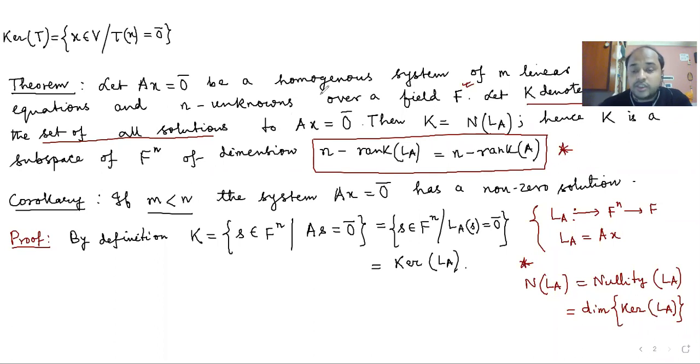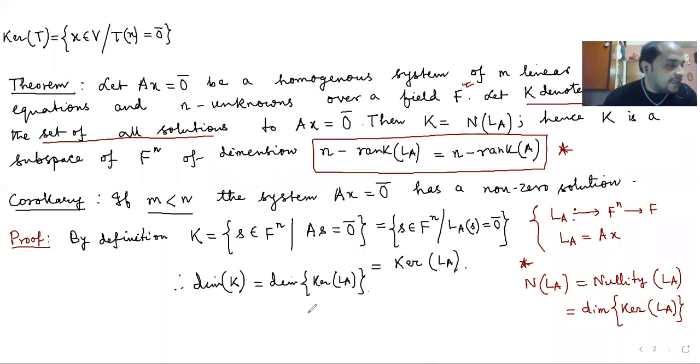So how many solutions are there in K? That is important for us. How many vectors are there in K? That is important for us, and therefore dimension of K is actually dimension of kernel of LA. Okay, and that is the thing which we are supposed to find.